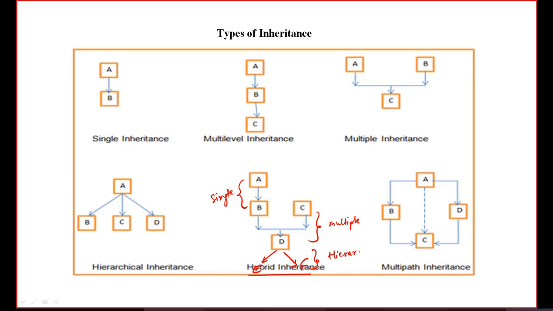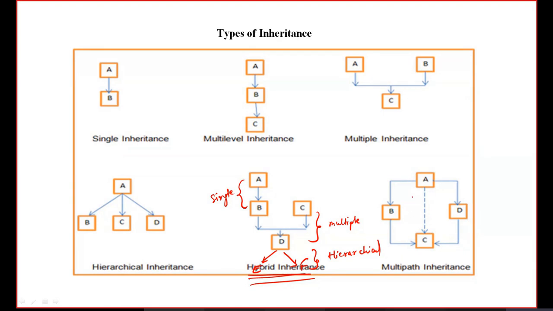So any such inheritance scenario wherein more than one type of inheritance is involved is called hybrid inheritance. Clear?